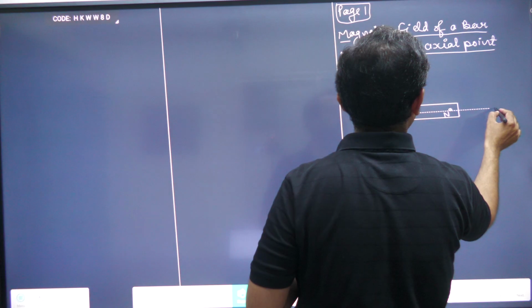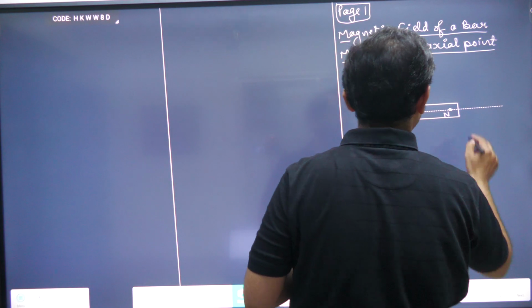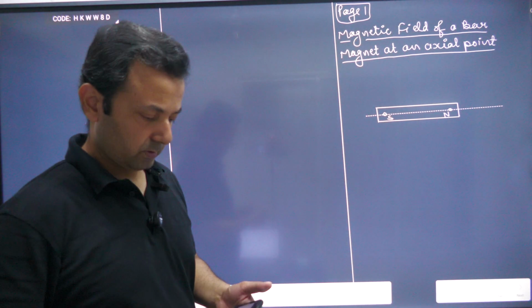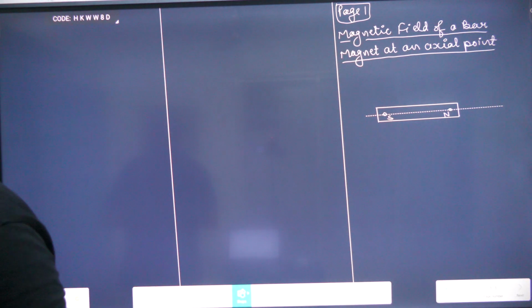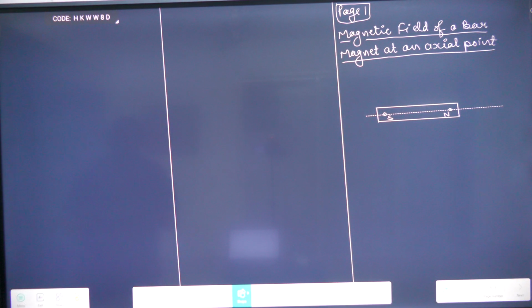When we join the south pole to the north pole by this straight line, this line is called the magnetic axis. We wish to calculate the magnetic field at the axis of this magnetic dipole. A bar magnet is called a magnetic dipole.